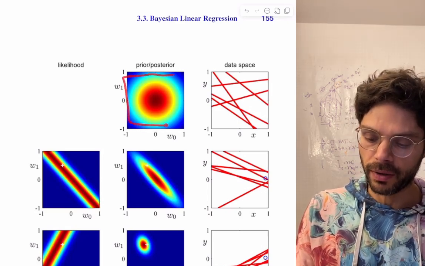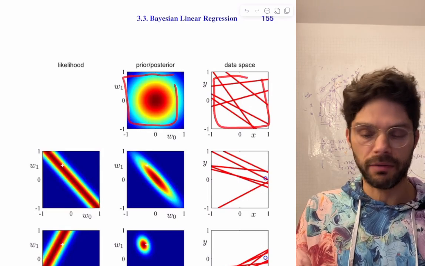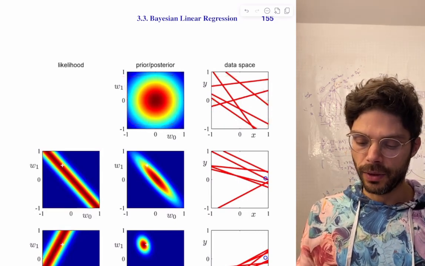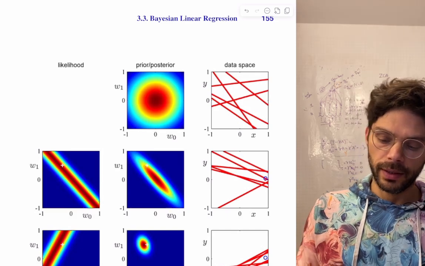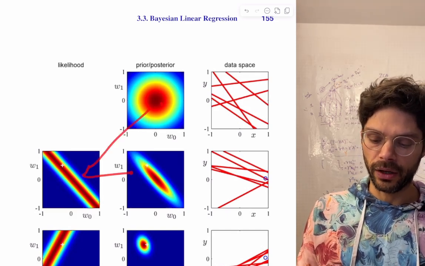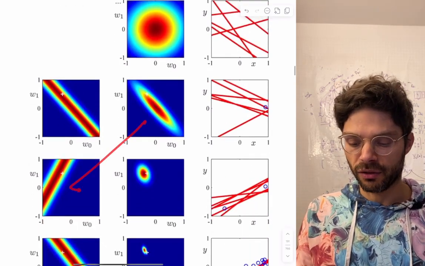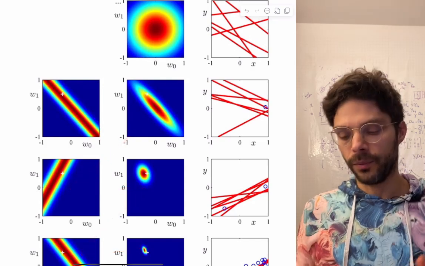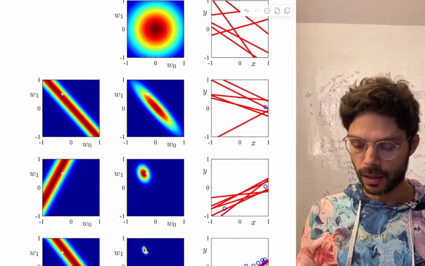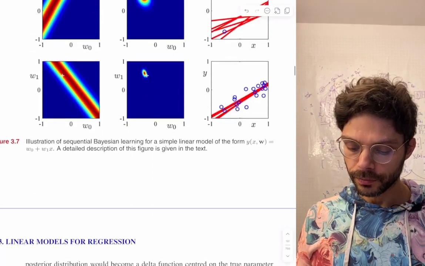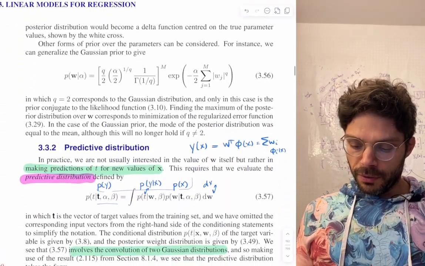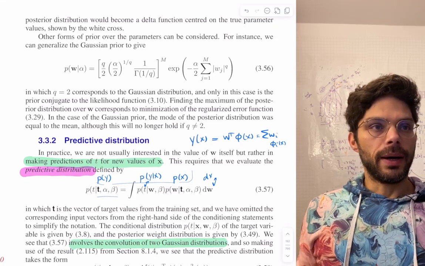This was our original prior, here was the data when we don't have any information. As we get a new data point, this prior combines with the likelihood to give a new posterior, which we then use as a new prior for the next stage. So this is a very natural way in which Bayesian sequential estimation pops up. That's what that was about.